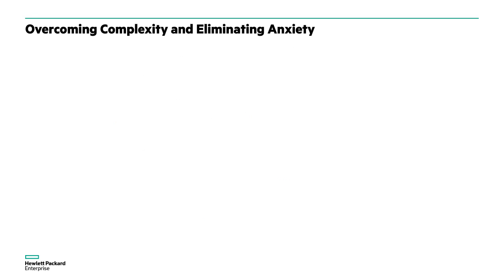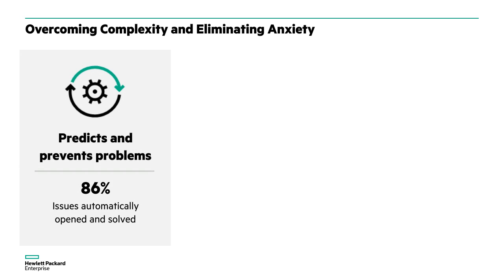The main benefit that customers get is that InfoSight allows them to overcome the complexity and eliminate the anxiety brought on by managing infrastructure. There are three main areas in which InfoSight delivers business value that I want to walk you through. The first is that InfoSight predicts and prevents problems.